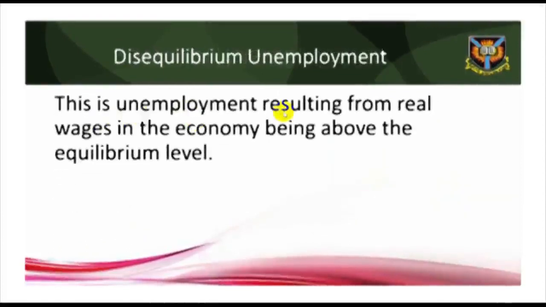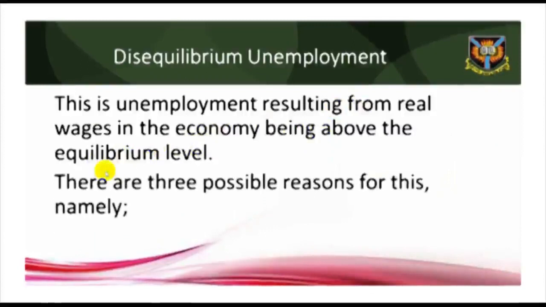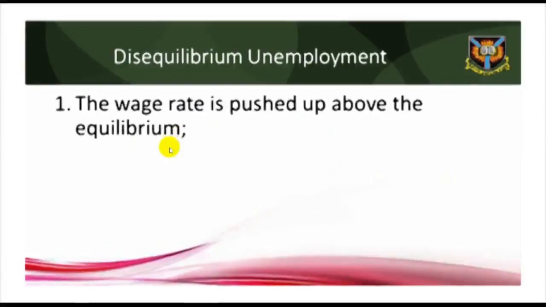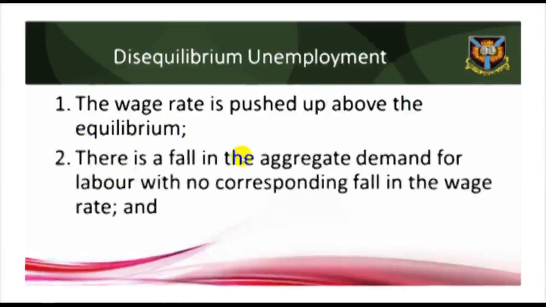Disequilibrium unemployment. This is unemployment resulting from real wages in the economy being above the equilibrium level. There are 3 possible reasons that could make the actual average wage rate to be above the market equilibrium wage rate. These are: 1. The wage rate is pushed up above the equilibrium. 2.